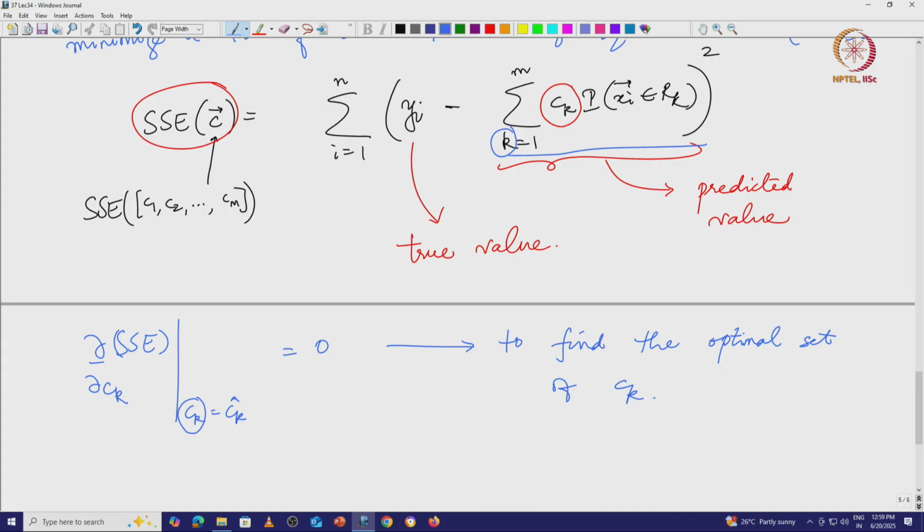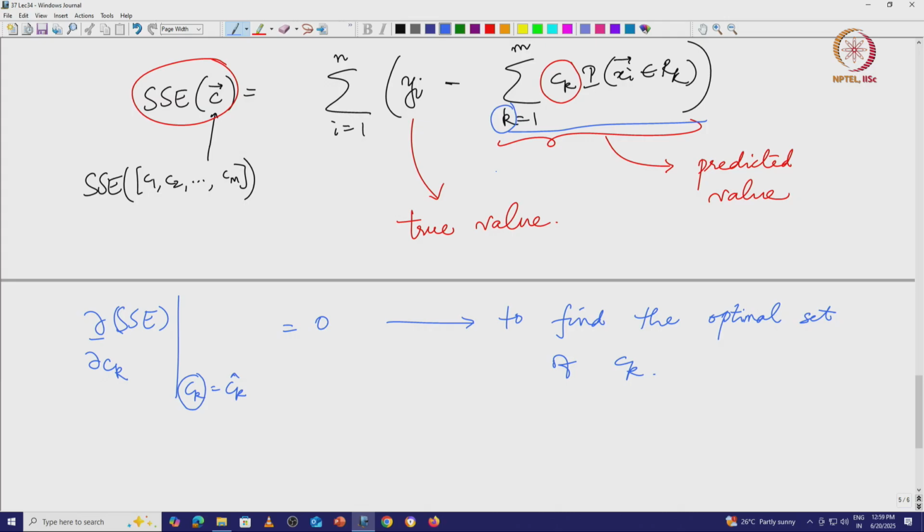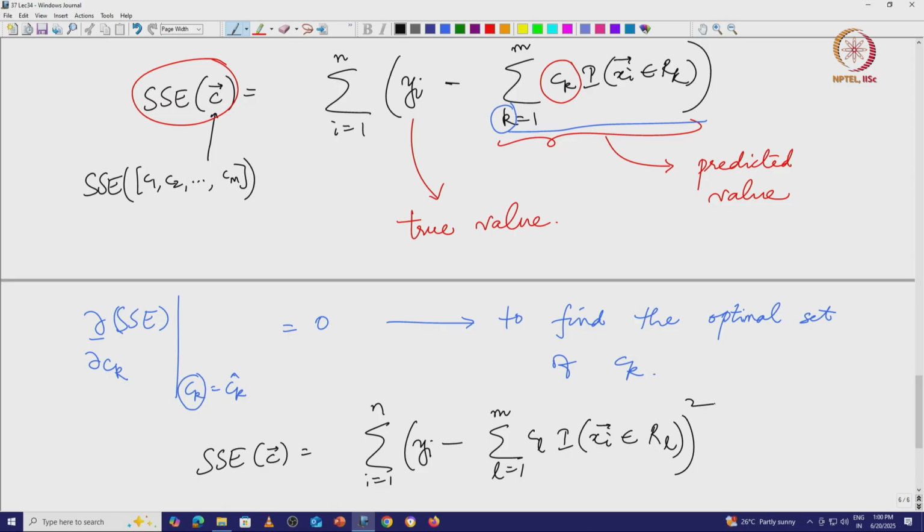You could call this k as L, M, N, whatever, and not M here because M is used in another context, but you could call it O. P, Q, R, whatever you want, but essentially this is a dummy variable, and to ease the differentiation I am going to denote it as L here. So, the SSE, which is a function of the C vector, is sum i going from 1 to n of yi minus sum L going from 1 to m, that is the new dummy variable I have introduced, Cl times the indicator function of xi belonging to the region Rl, and then whole squared.